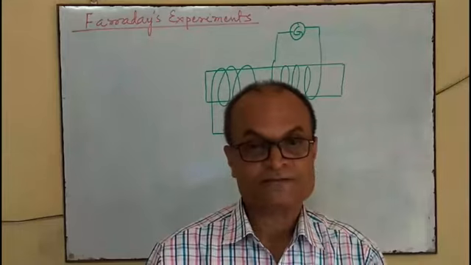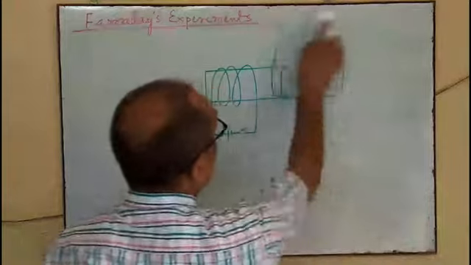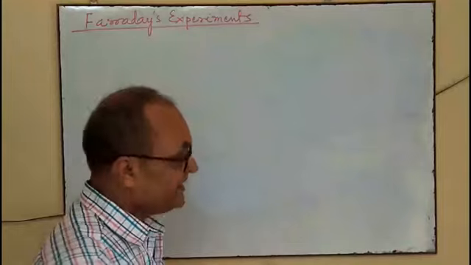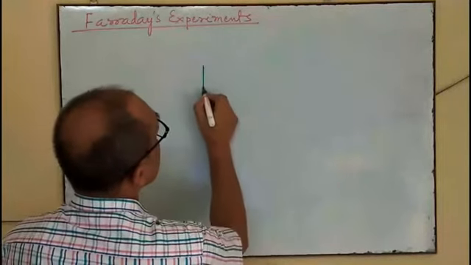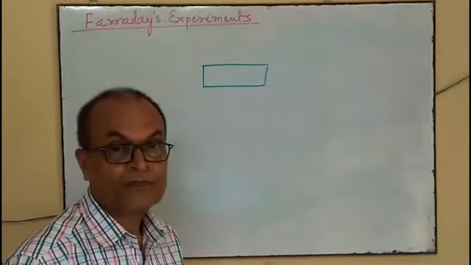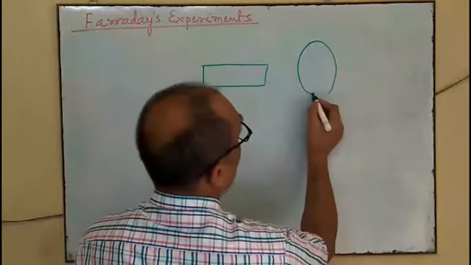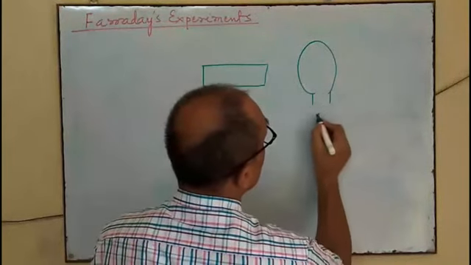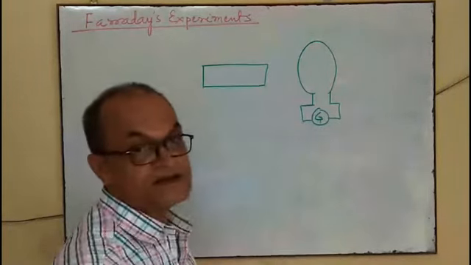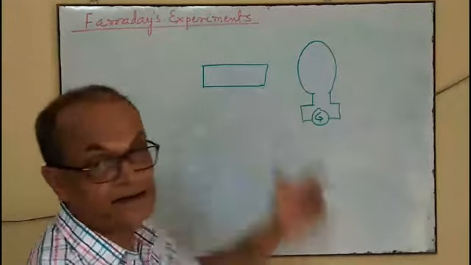In the same way as the third case, this time the magnet is kept stationary, and the coil which is connected to a galvanometer is made movable. So the coil is moving and the magnet is stationary.